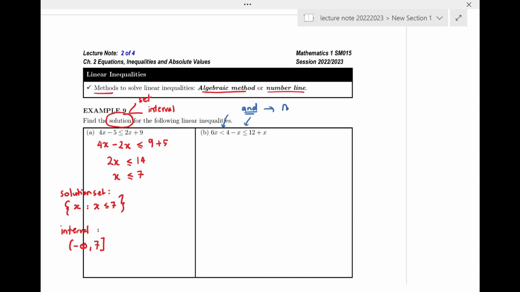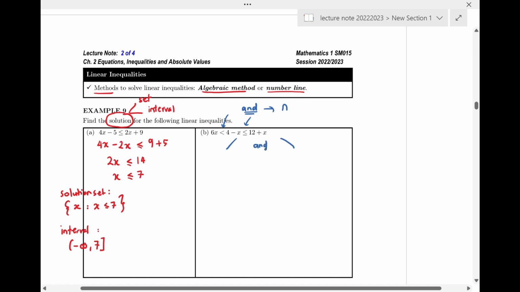Now we first separate these inequalities into two inequalities. I put 'and' in between so that we know when to combine them with our number line. We separate them into 6x less than 4 minus x, and another one, 4 minus x less than or equal to 12 plus x.